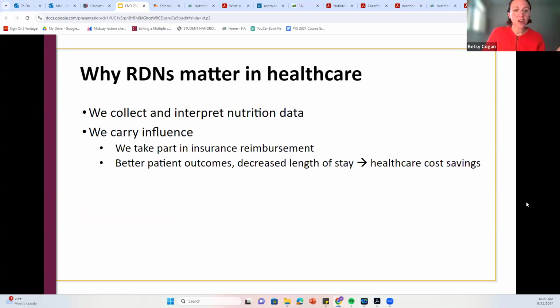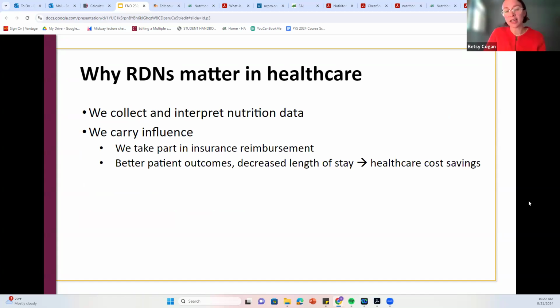RDNs specifically are really, really important because we are those nutrition experts. We know how to collect nutrition data and interpret that data. And better yet, evidence suggests that when a dietitian is on a healthcare team, there are better patient outcomes.